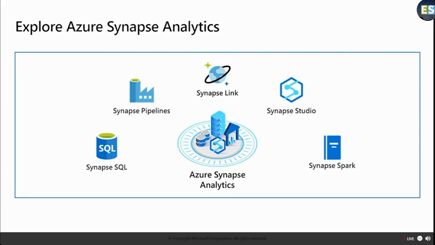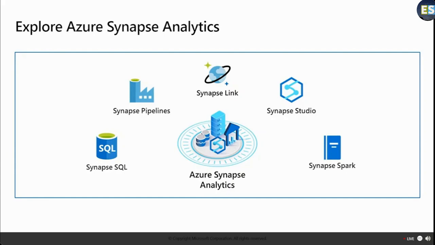Now, a Synapse pipeline is a logical grouping of activities that together perform a task. The activities in the pipeline define actions to perform on your data. For example, you might use a copy activity to transfer data from a source data set to a destination data set. You could include activities that transform the data as it is transferred, or you might combine the data from multiple data sources together as part of the pipeline.